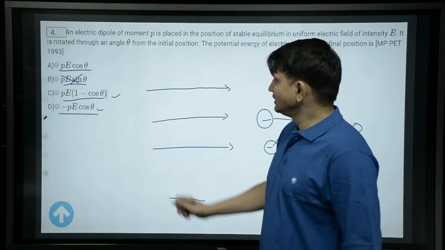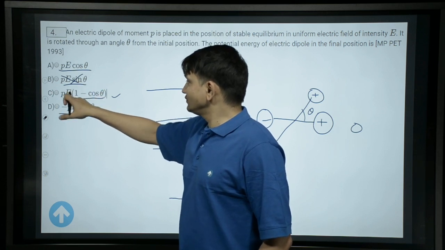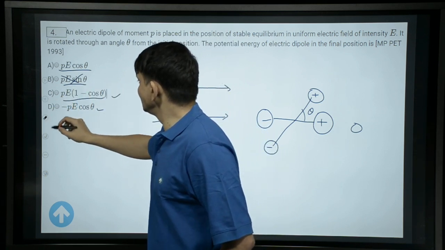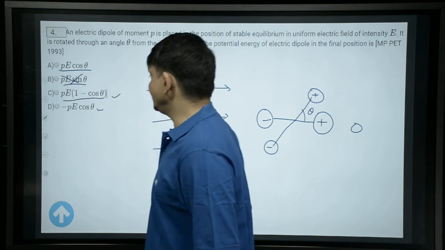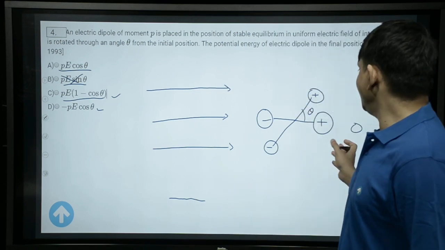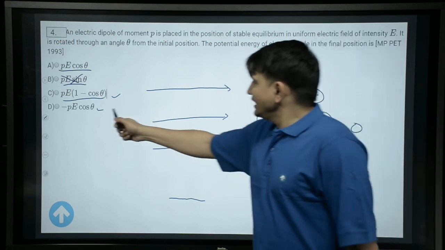So 1 minus 1 gives PE, and the whole expression at C becomes 0 when theta is 0 degrees.